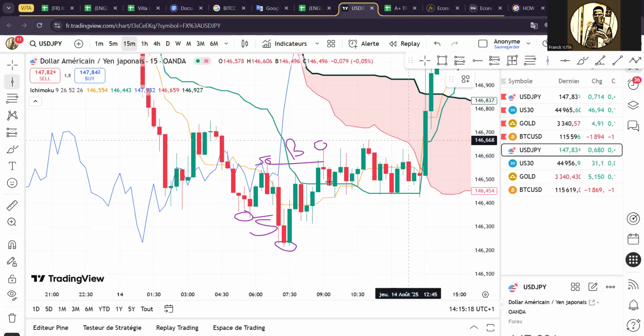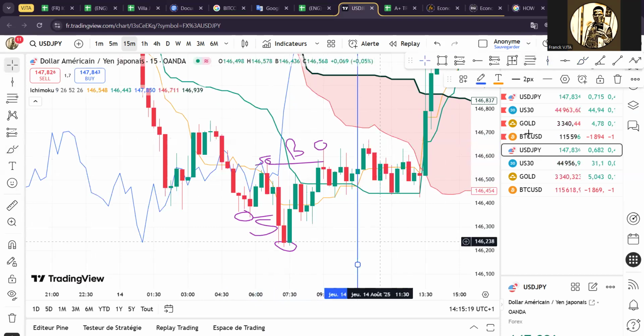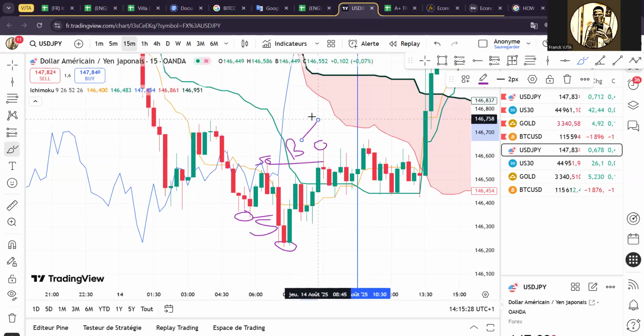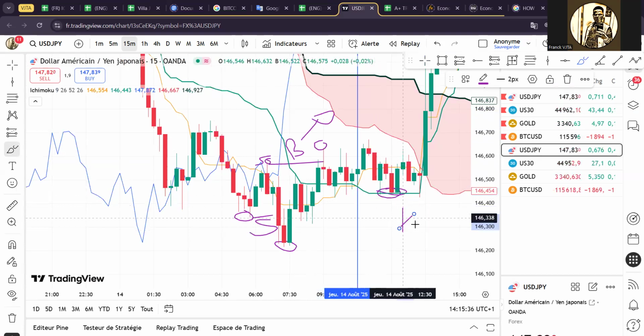The Tenkan cross happens from this candle. But the price told you already in advance that we can buy. Ishimoku gives you a cheaper price inside the inverted Kijun entry.